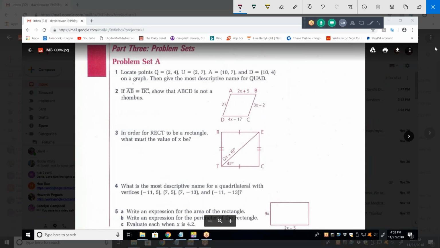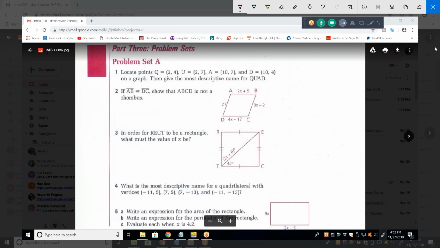Okay. Number 3, are we just going to go in order, or are you going to pick and choose? Yeah, just go in order for now, I guess. In order for this particular rectangle to be a rectangle, what must the value of x be? Wouldn't you just do 2x plus 6 equals 42?